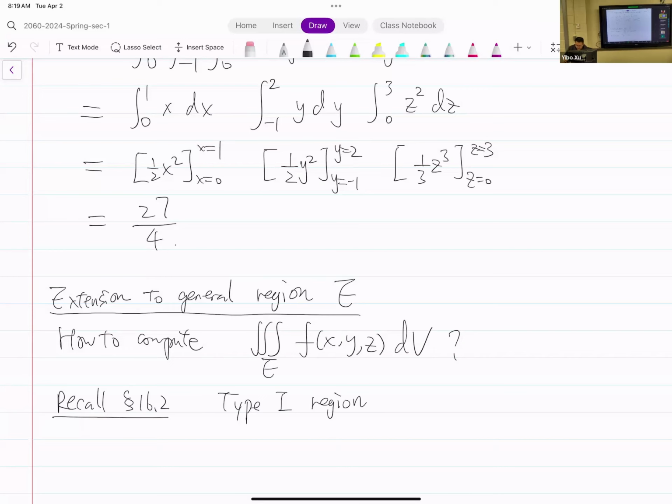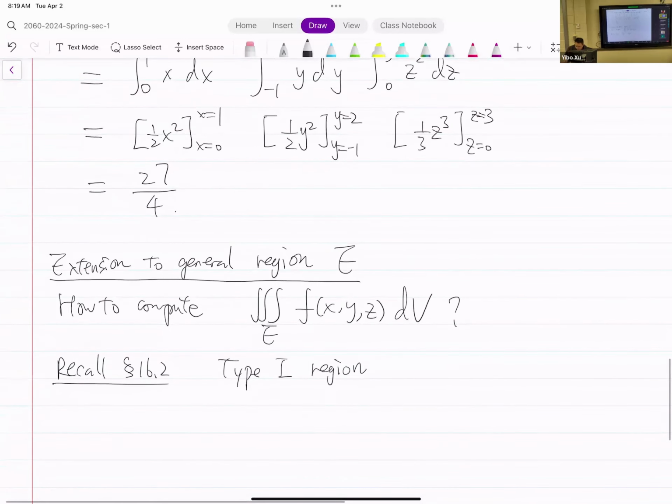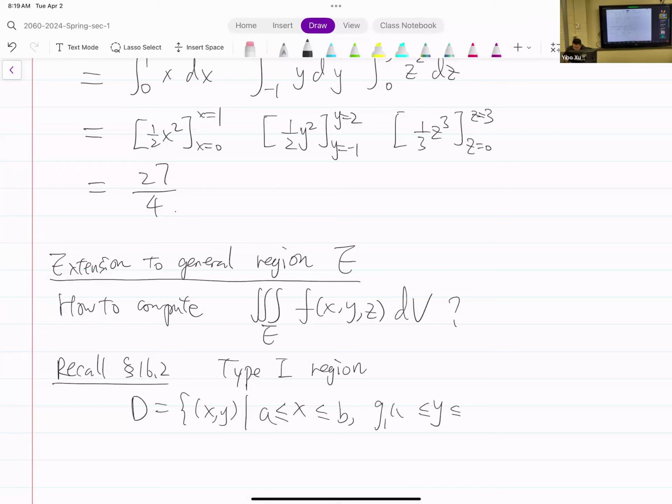basically we start by letting x be free in an interval, but y is cut between 2 functions in terms of x. Okay. So the type 1 region is where we have all the xy pairs in the xy plane, such that x is cut between interval from a to b. But now instead of y between c and d, we have y between functions in terms of x, g1 and g2.